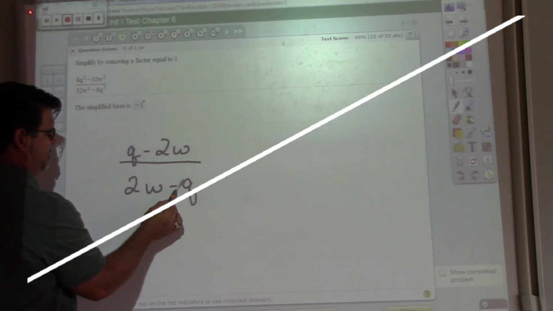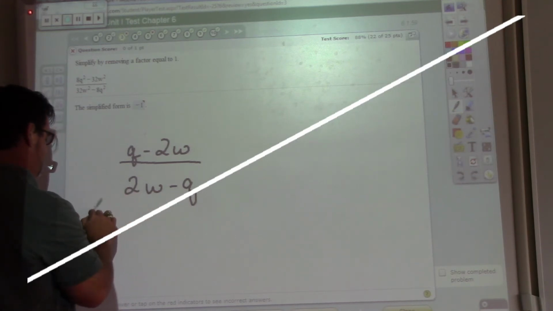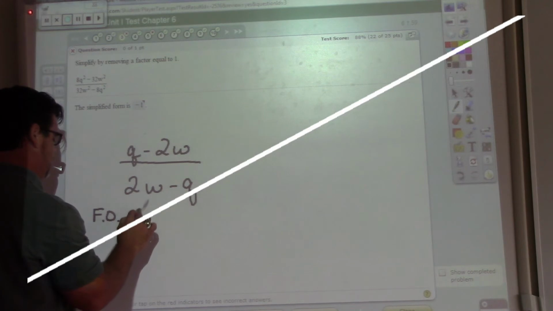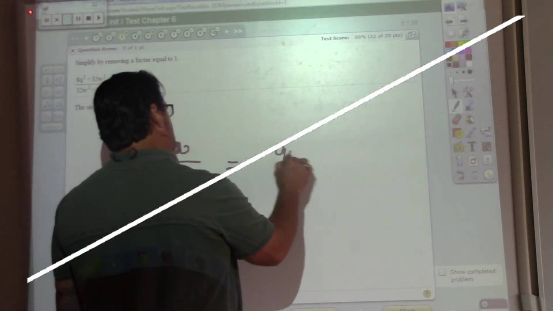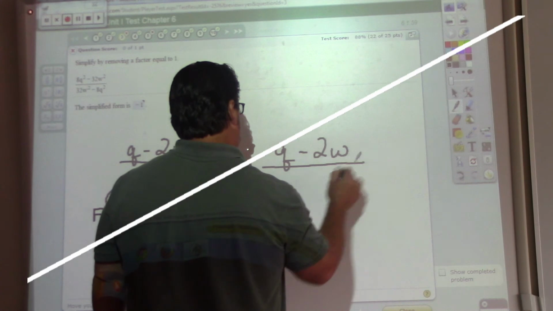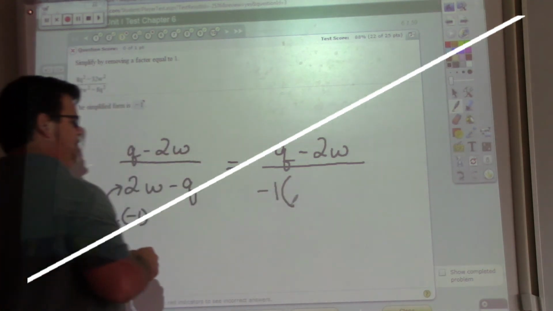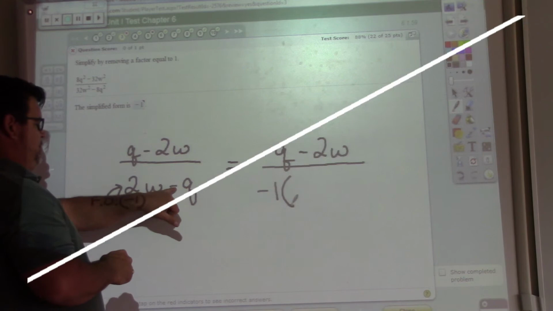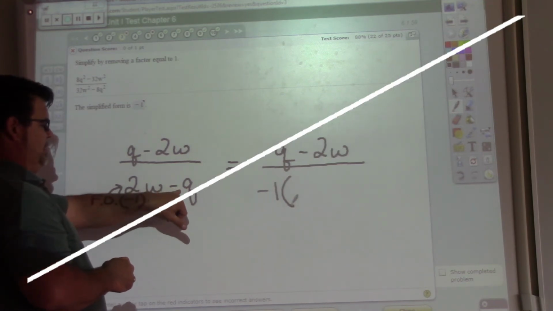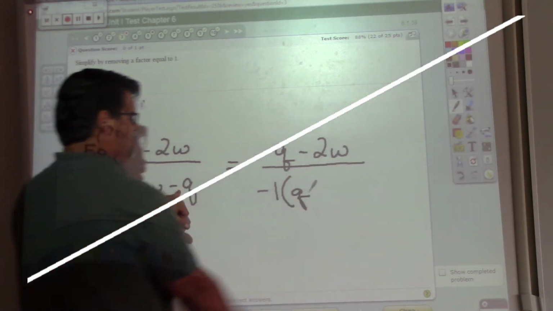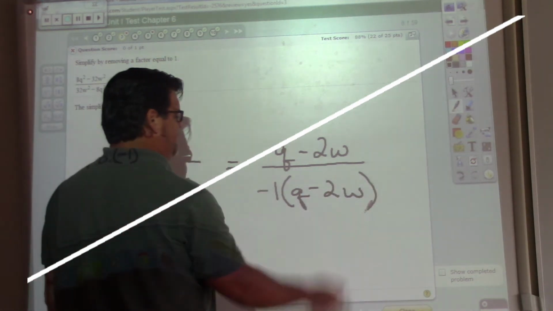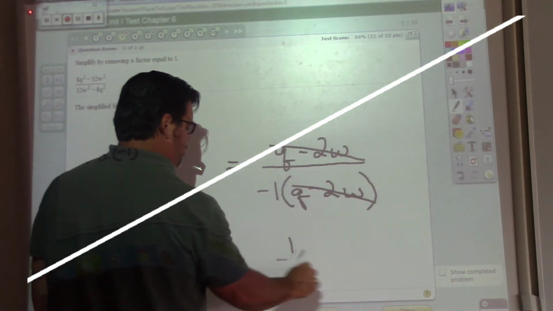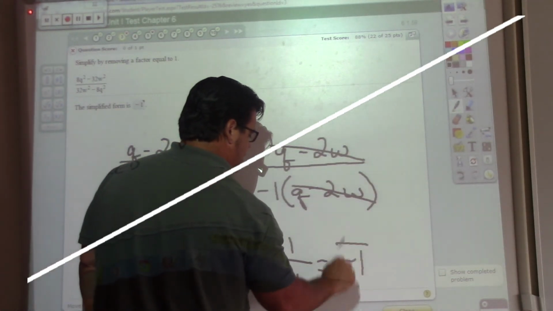This Q is negative. So they're factoring out a -1 here, and that will give you Q minus 2W over -1 times... when you factor out the negative here, what do you get? Positive Q, and that becomes minus 2W right here. And that cancels, and you get 1 over -1, which is equal to -1.